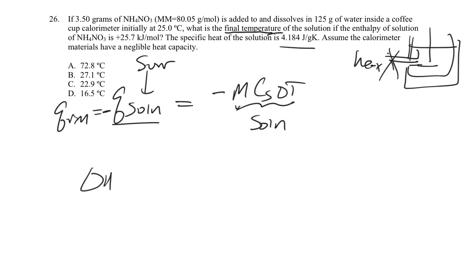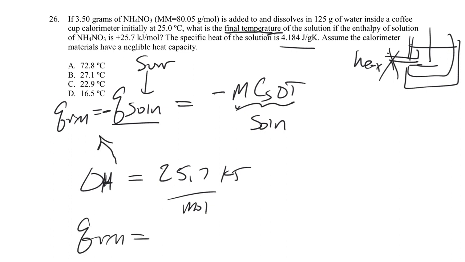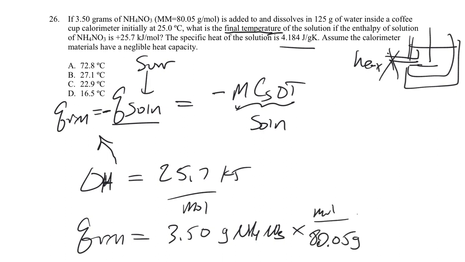And then our delta H, which is given to us, 25.7 kJ per mole, relates to the Q reaction. So I can get my Q reaction by taking the actual amount of reaction I have taking place, 3.5 grams of the reactant, which is our limiting reactant, the only reactant, dissolving into water. So I'm going to do the conversion over to moles, and then I'm going to use my 25.7 kJ per mole.